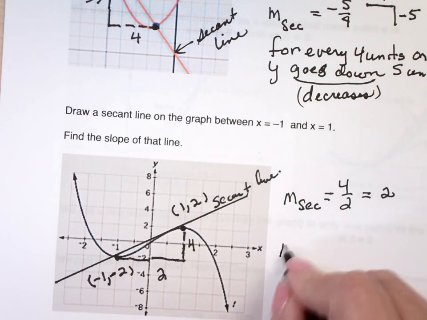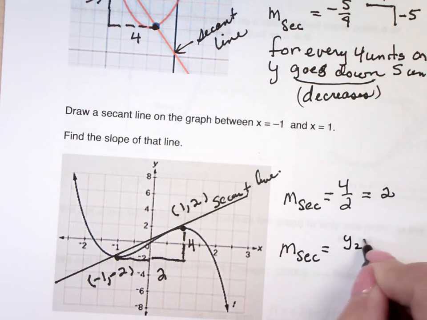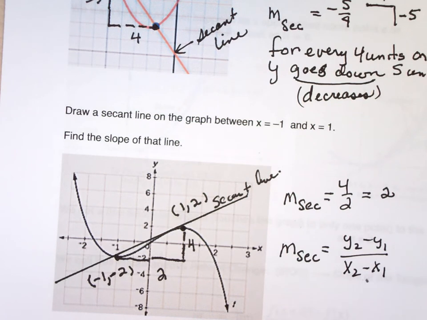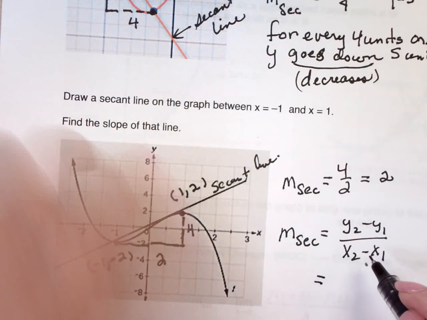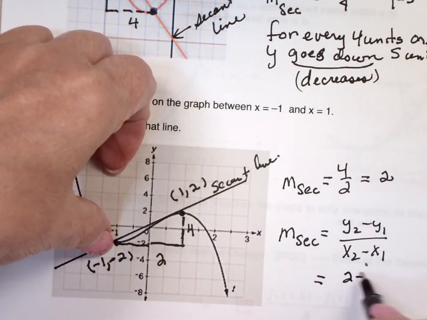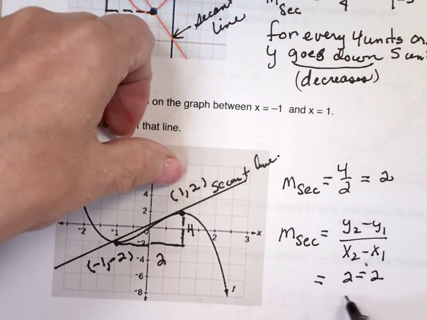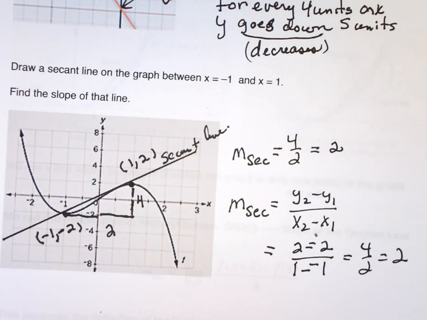So I know the slope of the secant is y2 minus y1 over x2 minus x1, which is 2 minus a negative 2, and 1 minus a negative 1, is 4 over 2, or 2. Got there the same way.